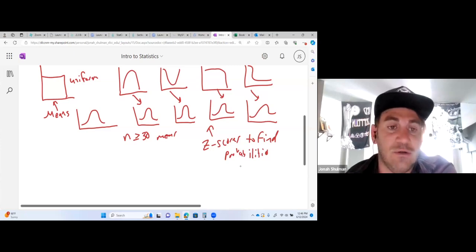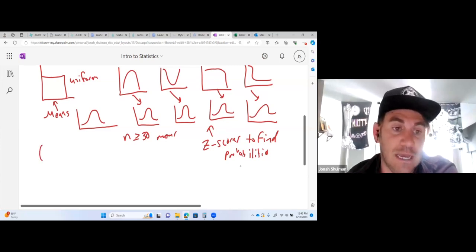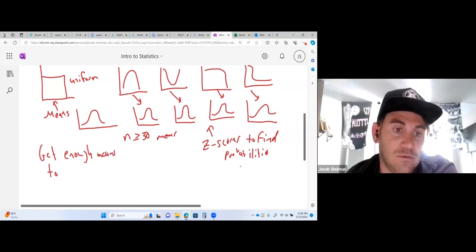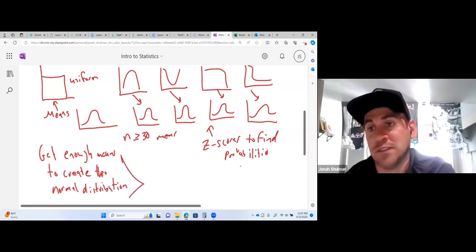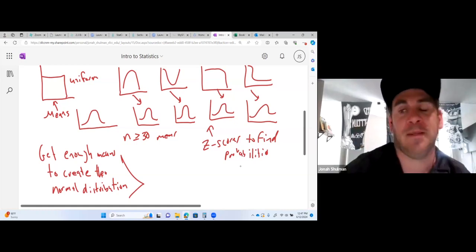We have to get enough means to create the normal distribution. And if we create enough means to create the normal distribution, then we can use things like z-scores to find it.